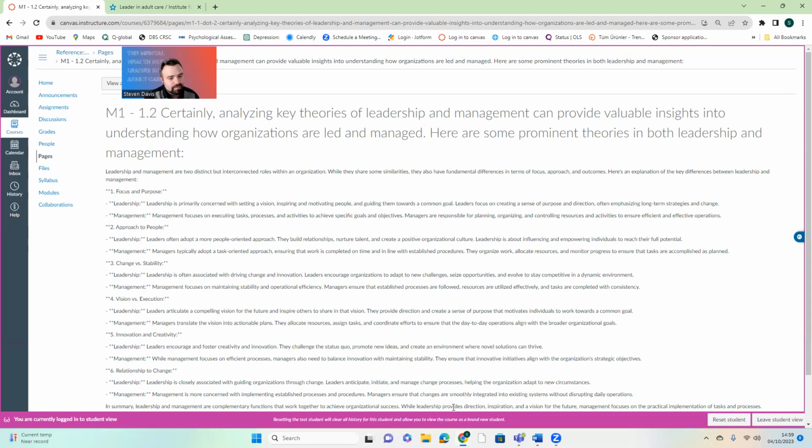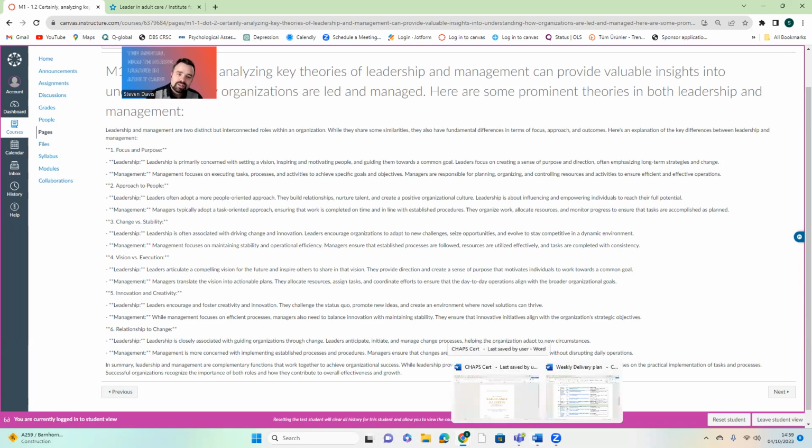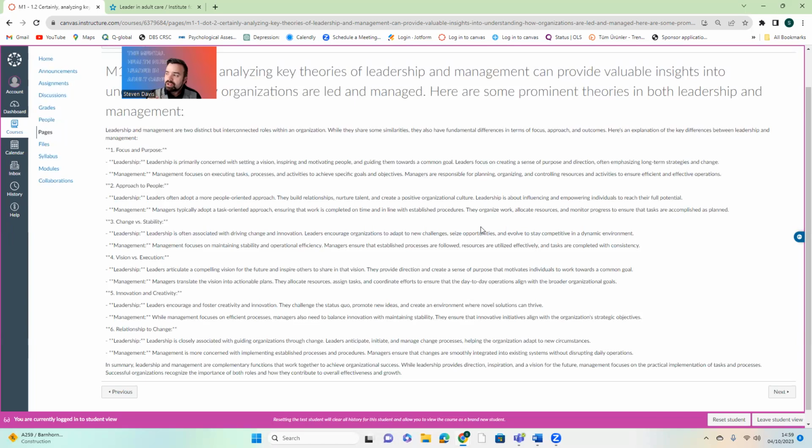Equally, we can see here different models between leadership and management around change. We can see differences around visions. We can see differences about innovation and creativity, and we can see differences between relationships and change models. So it is very much a key role for you as a registered manager to understand your roles and responsibilities.